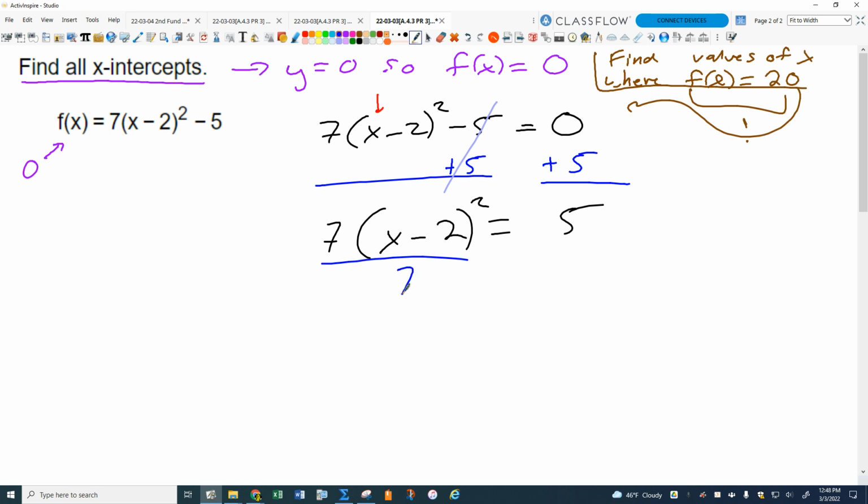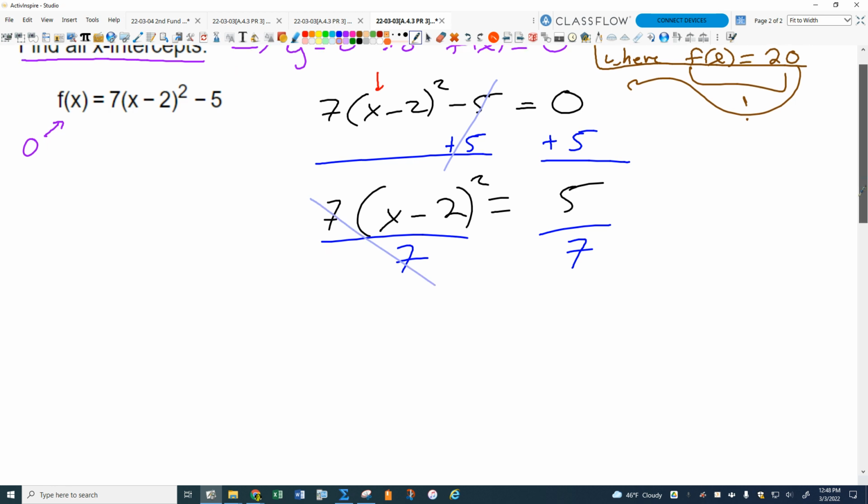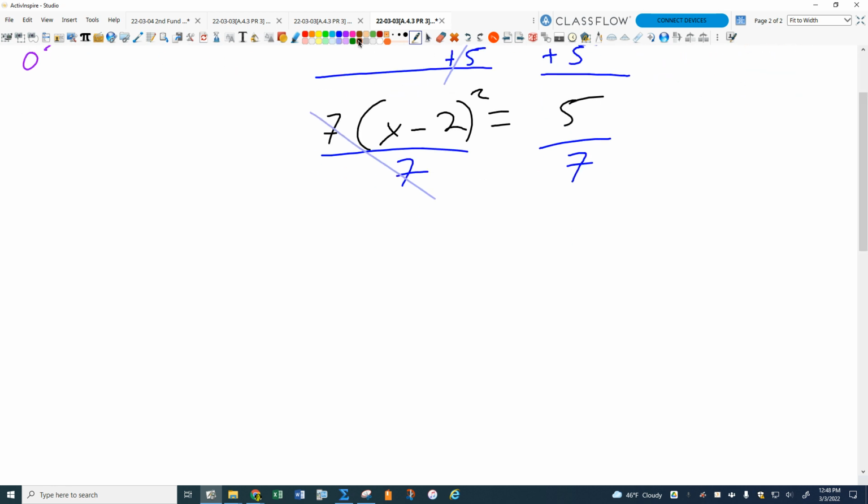So we divide both sides by 7, and the 7's cancel. We're getting closer. So I get x minus 2 squared equals 5/7.